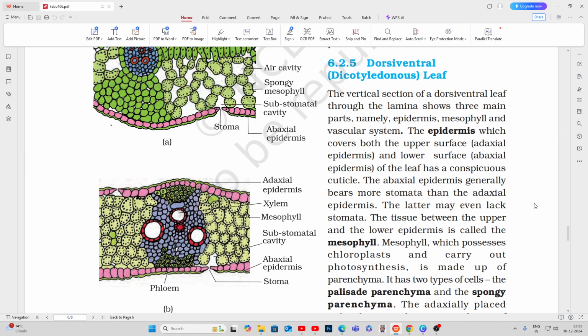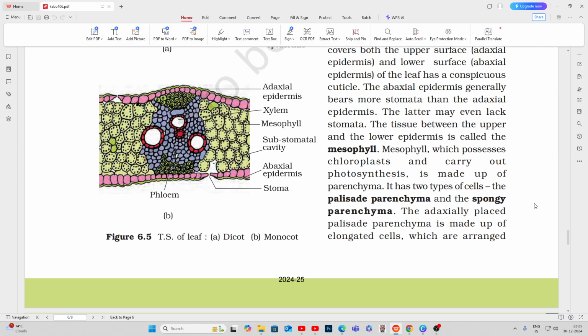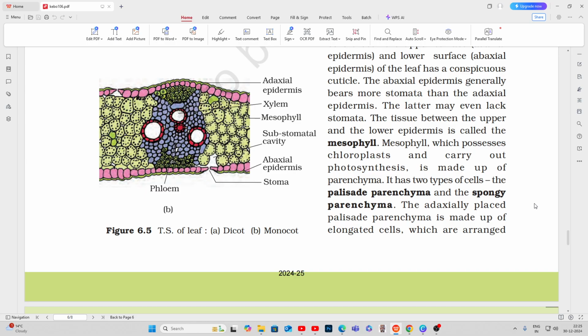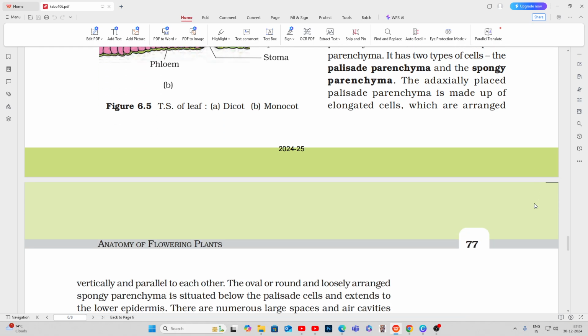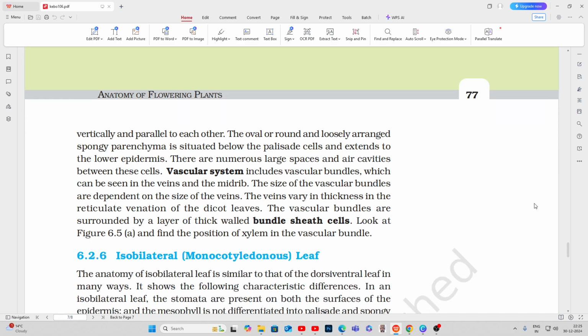Substomatal cavity. Abaxial epidermis. Stomata. Adaxial epidermis. Xylem. Mesophyll. Substomatal cavity. Abaxial epidermis. Stoma. Phloem. Vertically and parallel to each other.